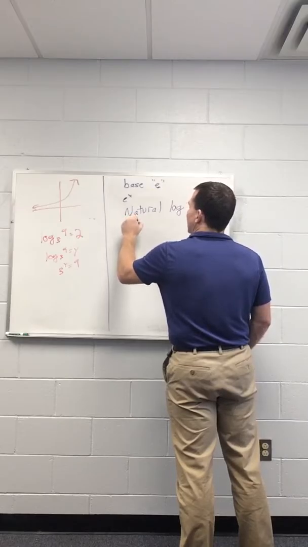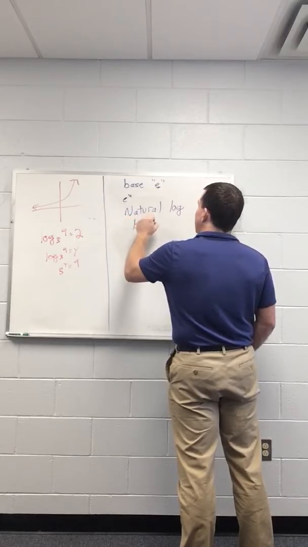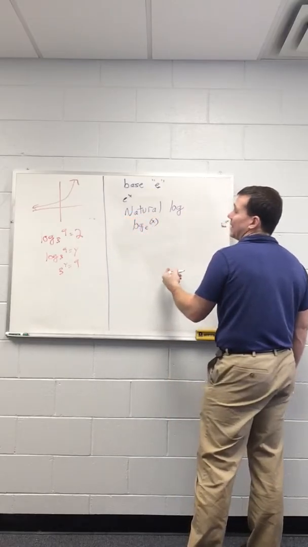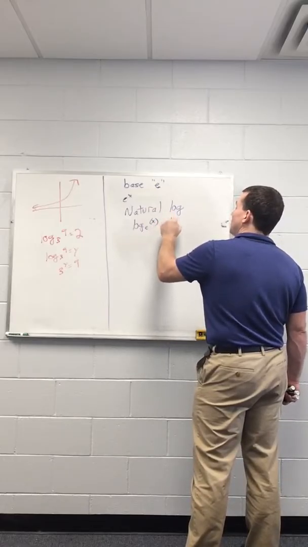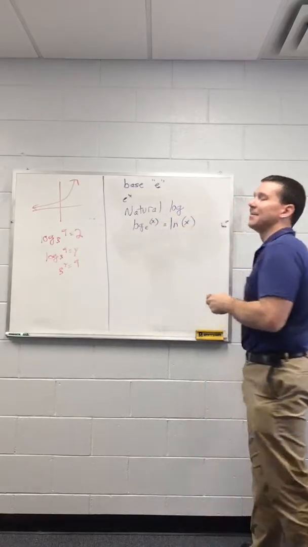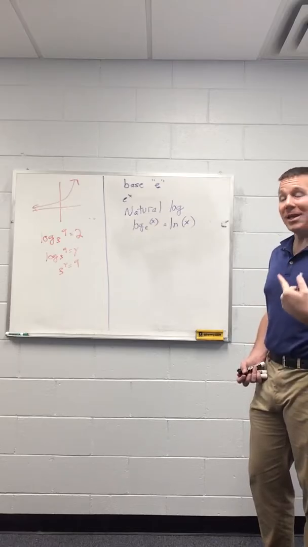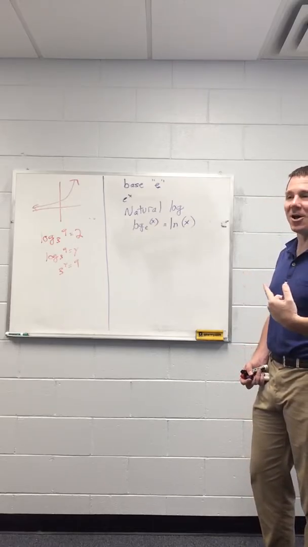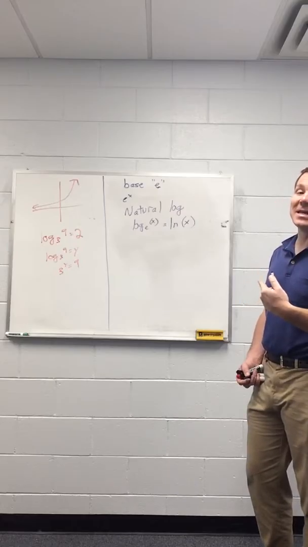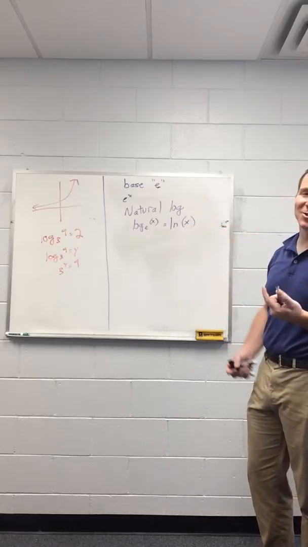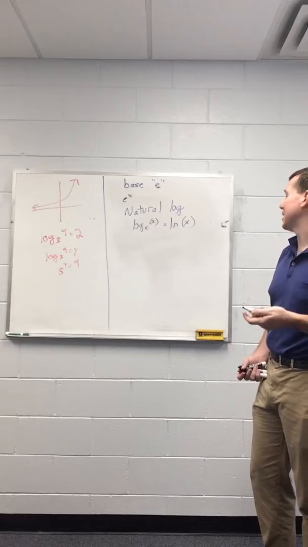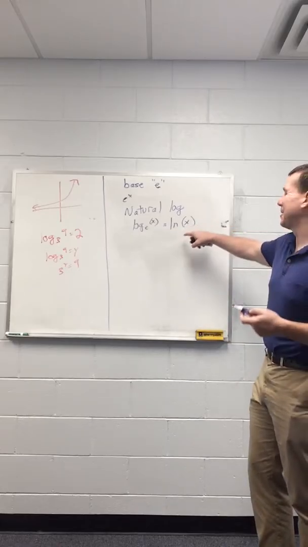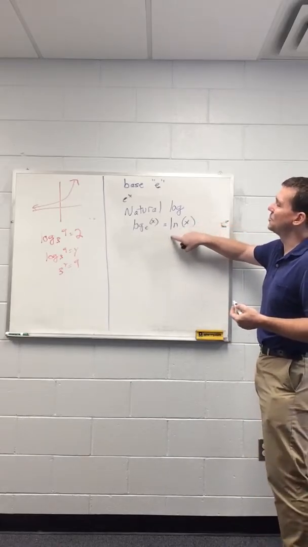The way we write it is log base e of x, or log base e of any number, but generally speaking we shortcut that to ln of x. Again, if you're looking at your calculator, it can calculate things in base 10, the common log, and in base e. It'll just write ln of x. It should be right near the log button, probably directly above it or below it, or it's like the second command there, based on what calculator you're using.